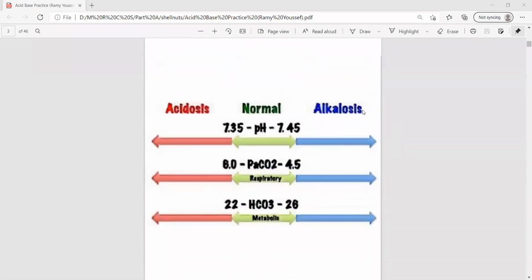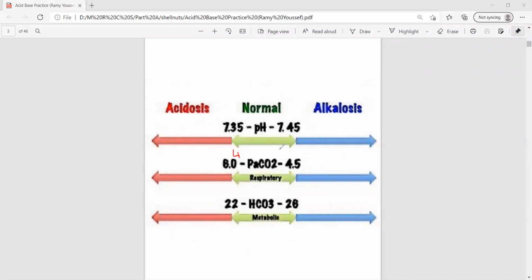Let's go to this picture as we discussed. This is the normal pH from 7.35 to 7.45. As we go up here, we go to alkalosis. As we go down here, we go to acidosis. CO2, keep it from 4 to 6.